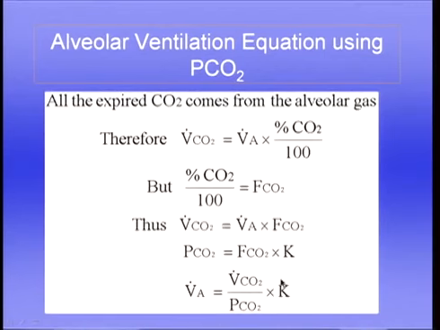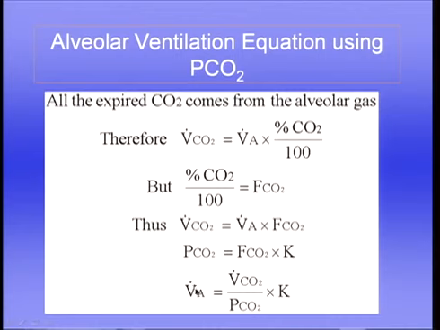And believe it or not, it's not all that difficult to measure the PCO2 in arterial blood. It's done all the time. So this is a very important equation in the subsequent work we're going to be doing on gas exchange. You can see, for example, that if the CO2 production is normal, which it generally is, then the alveolar ventilation and the PCO2 are inversely related.